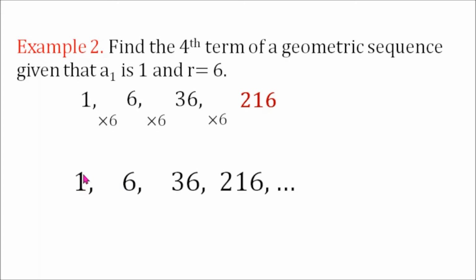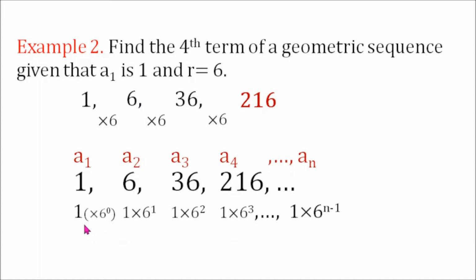Suppose 1 is our a sub 1 and 6 our a sub 2, then 36 our a sub 3, 216 our a sub 4. So how do we find a sub n, or the nth term? So notice here that we always start with the first term a sub 1, and we are going to use the first term in all of our terms here.